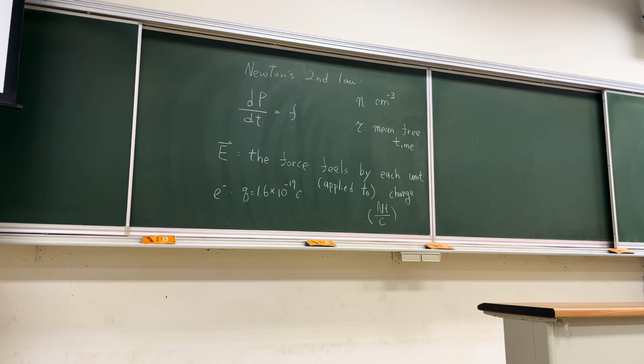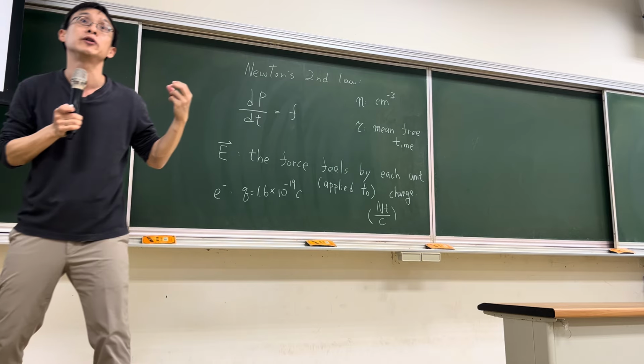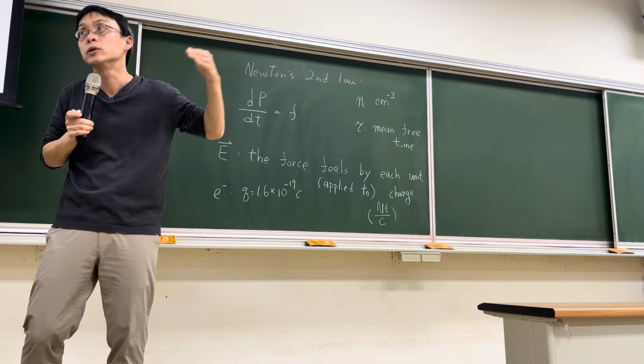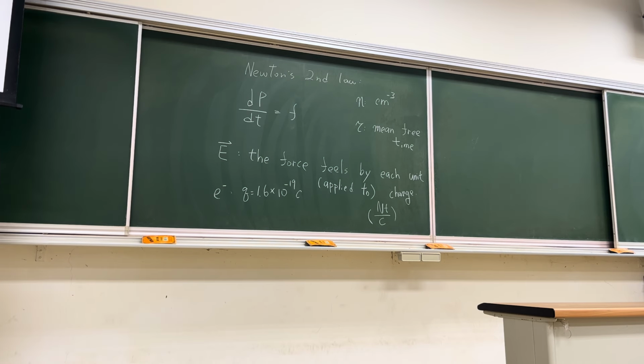So when the electrical field is applied to the group of electrons, all electrons will run in the same direction that is opposite to the direction of the electrical field, right? Because the electron is negatively charged. So it is in the opposite direction to the electrical field. The electrical field in this direction, electron will run in that direction, right?